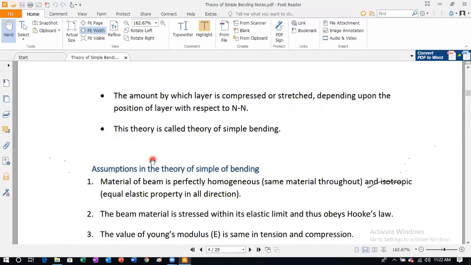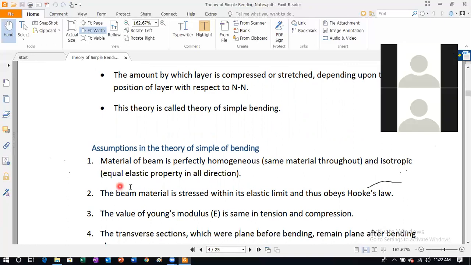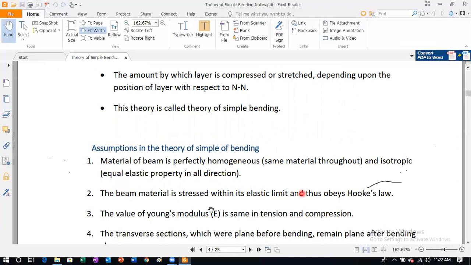We already discussed the assumptions of the theory of bending in the previous class. We are repeating them in today's class. The material of the beam is perfectly homogeneous, the same material throughout, and isotropic, right? The beam material is stressed within its elastic limit and thus obeys Hooke's law.